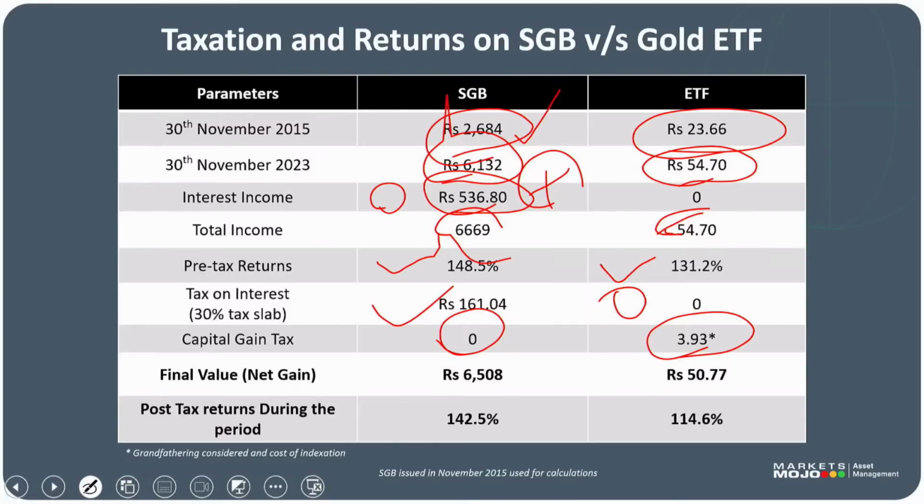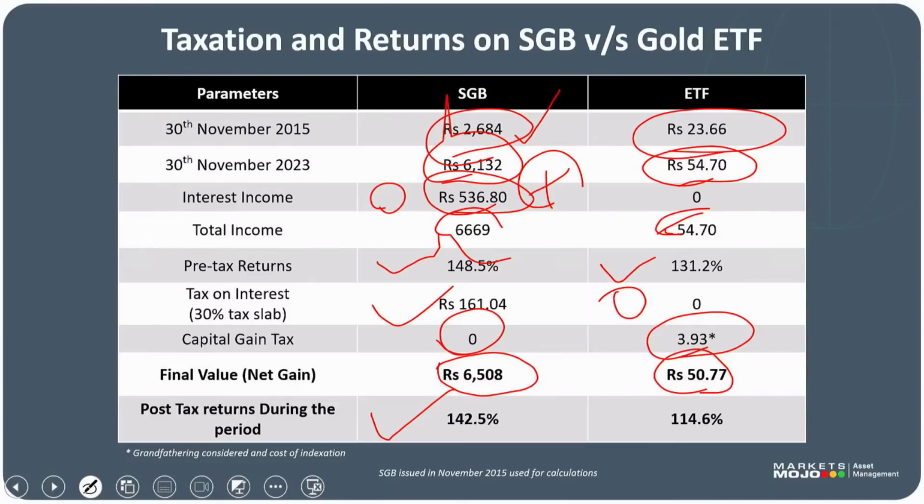The final value in SGB, after paying capital gain and tax on interest, comes to 6508. You invested 2684, and your net income is 6508 at the end of this, which gives you 142.5% returns. But in ETF, the final value comes to 50.77.